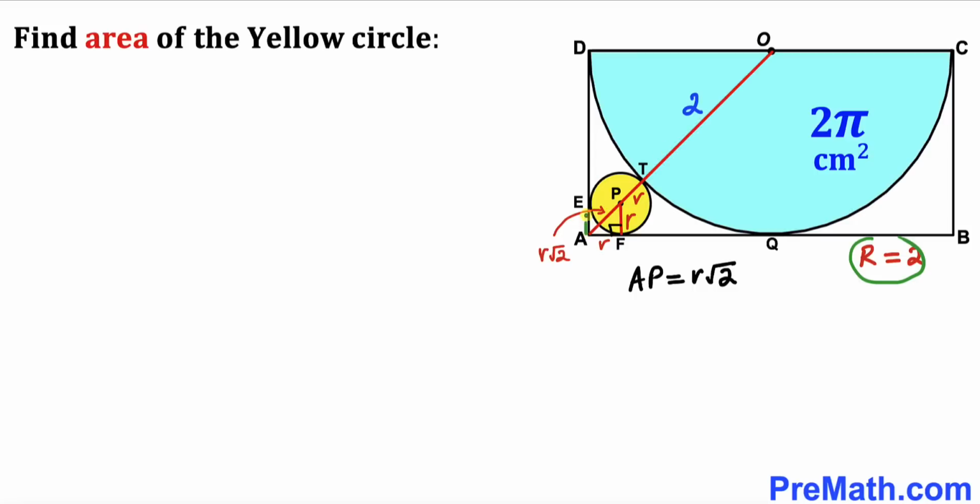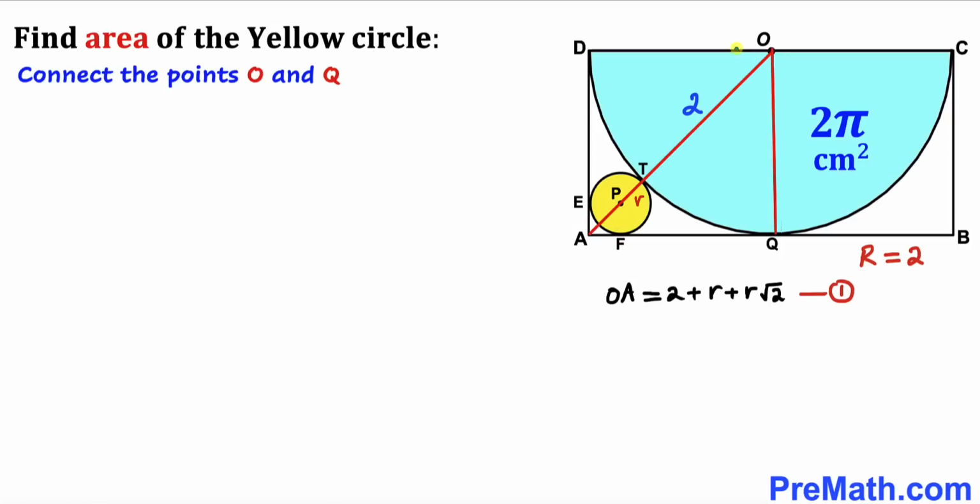Therefore, this whole distance AO is going to be the sum of 2 plus this lowercase r plus this AP distance, which is r times square root of 2. So therefore, our distance OA is going to be 2 plus r plus r times the square root of 2. Let me call this our equation number 1.